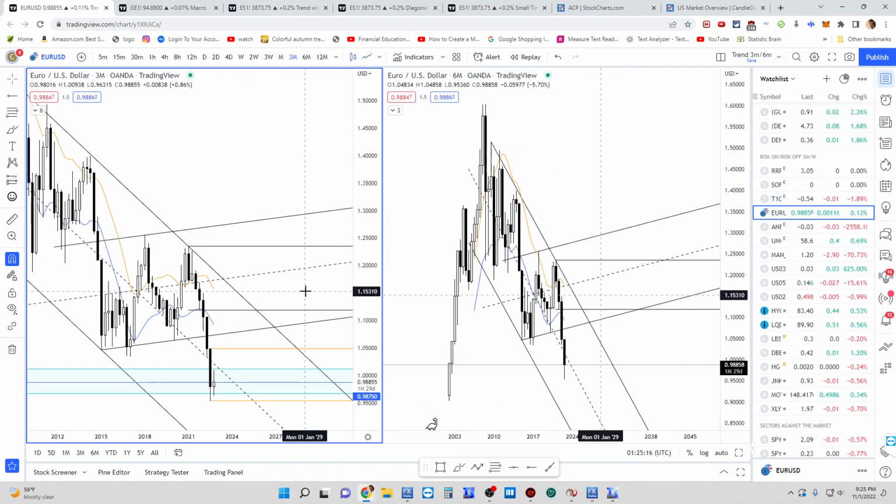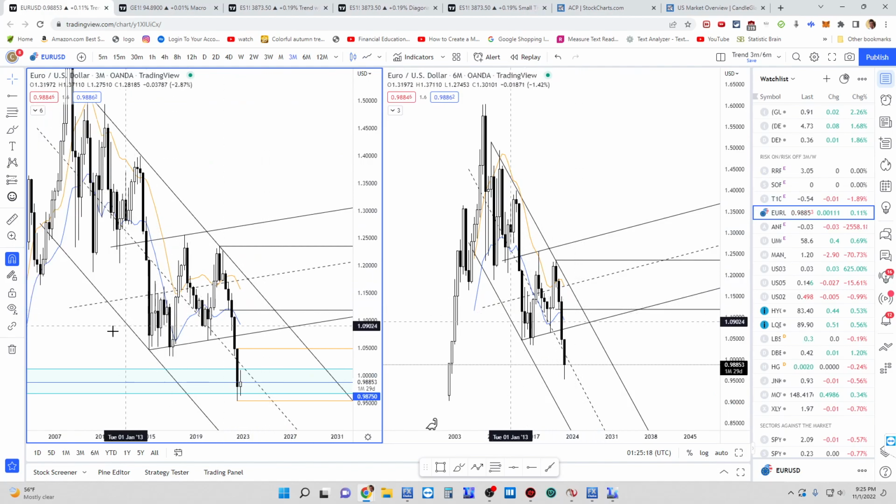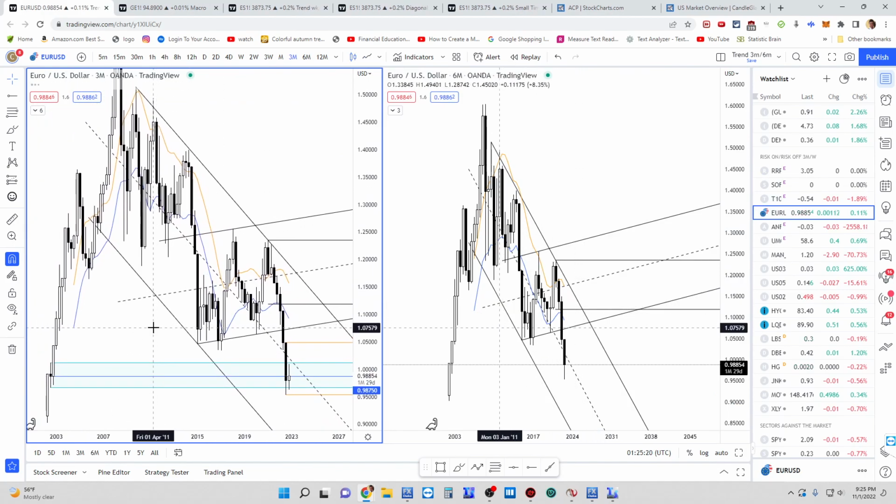And then EUR/USD, this is the dollar inverted, the DXY inverted. And so far, it's not looking good for the euro. The weaker the euro gets, the worse it is for trade.